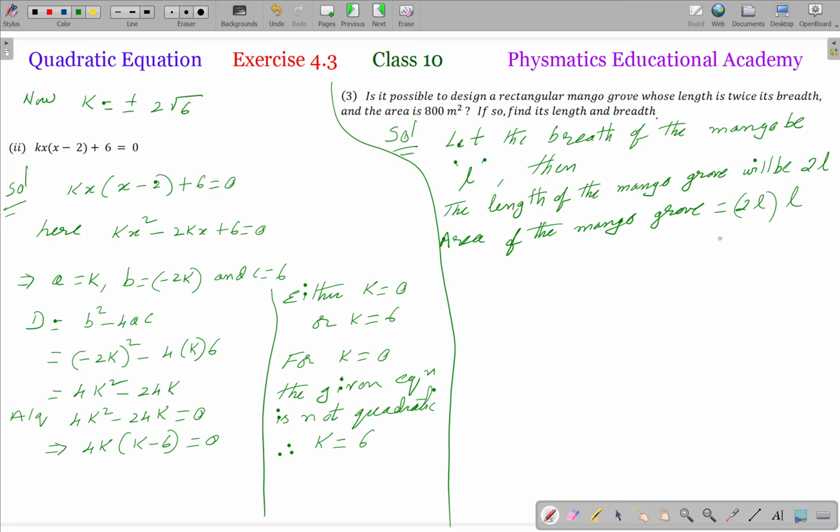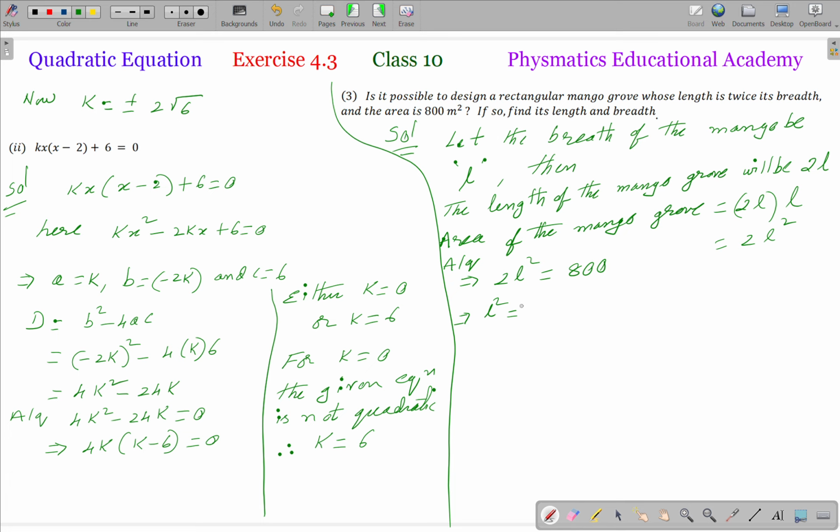Then it is equal to 2L into L, which is 2L square. That implies 2L square is equal to 800, according to the question.